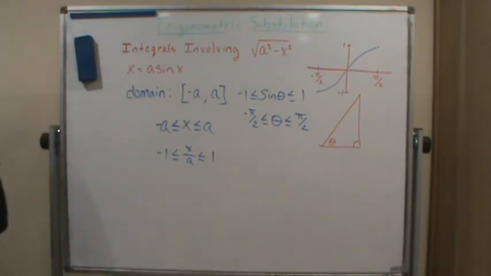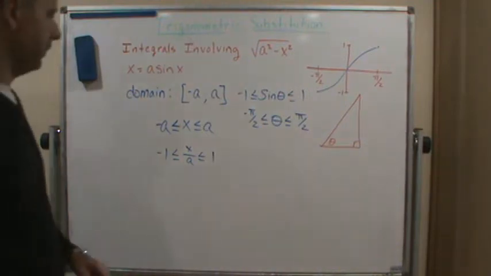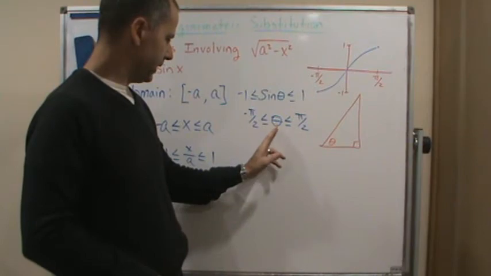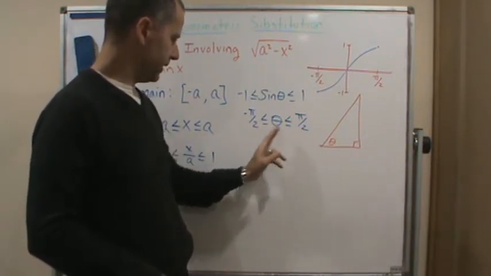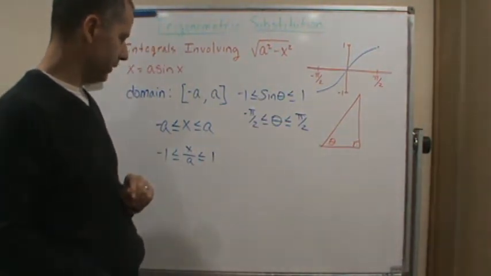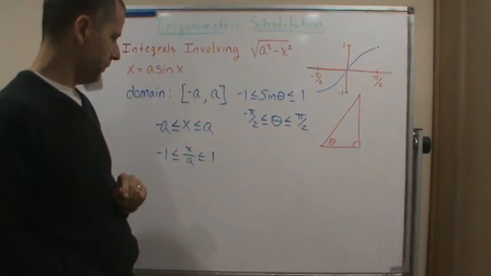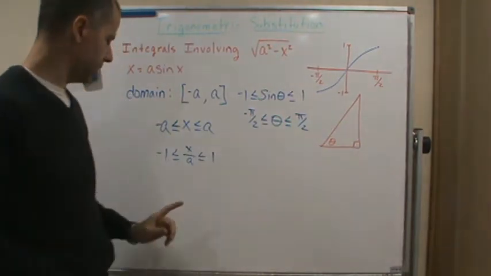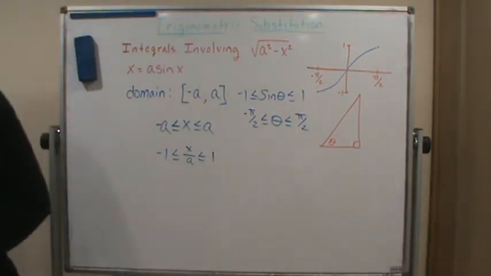Since that's true, there has to be a unique angle theta satisfying this interval, in -pi/2 to pi/2, such that x over a is between -1 and +1.